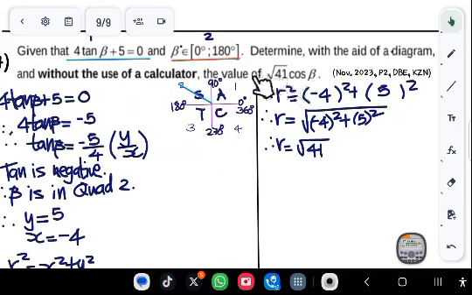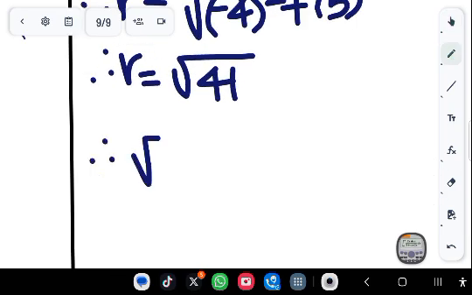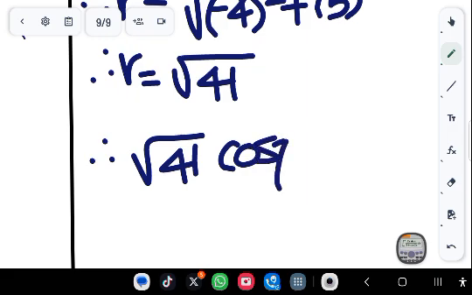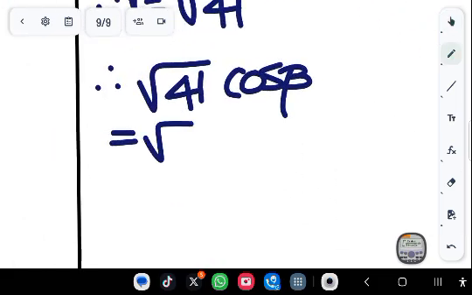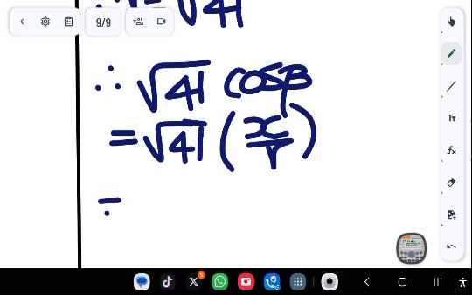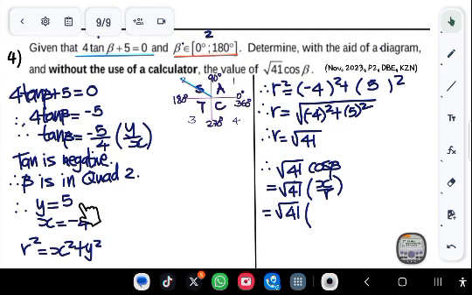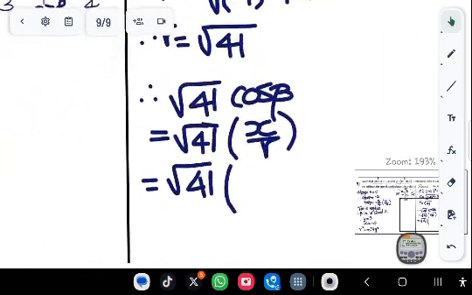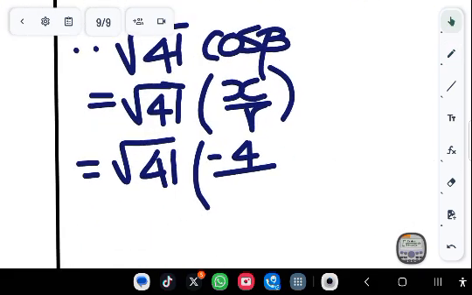Now we can calculate the value of the square root of 41 cos of beta. Remember, cos of beta is equal to x over r. So that will be square root of 41 times x over r, which is equal to square root of 41 times negative 4 over the square root of 41.